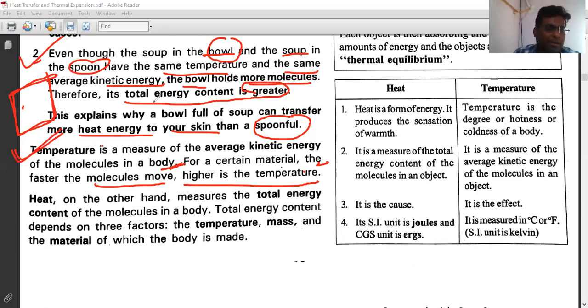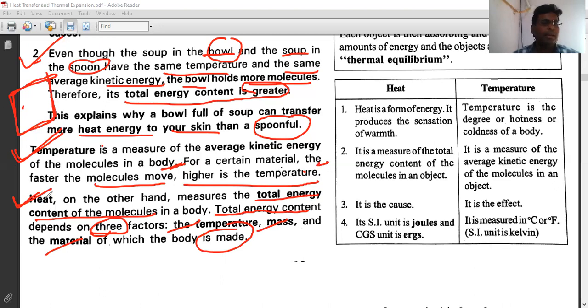Now we'll talk about heat. Heat, on the other hand, measures the total energy content of the molecules. So the total content depends on three factors: temperature, mass, and the material of which the body is made.